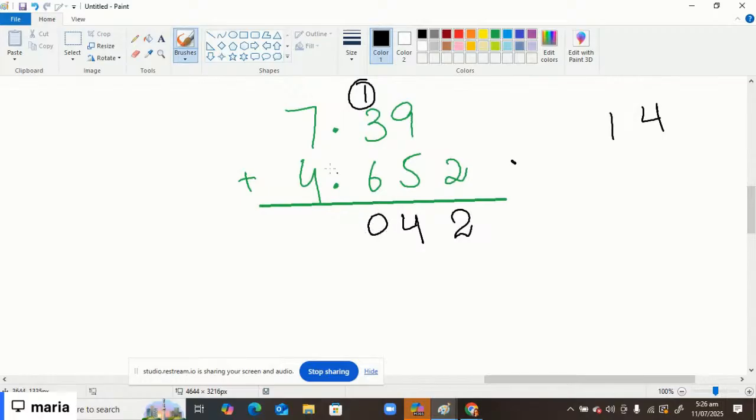So putting 0, 1 again moves up as a carry. Point as it is. 7 plus 1 is 8. 8 plus 4 is 12. So 12.042, that is your answer. In this way, the decimals are added.